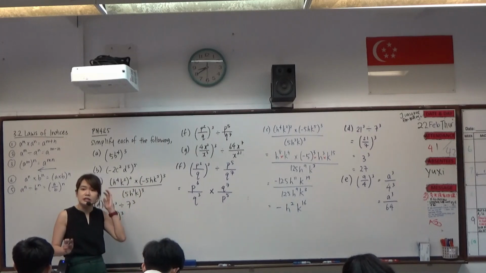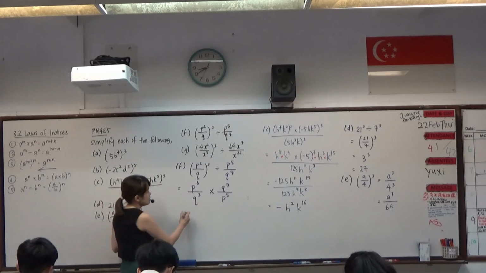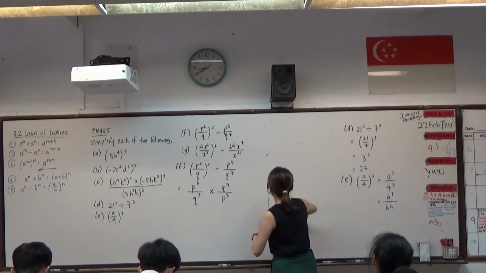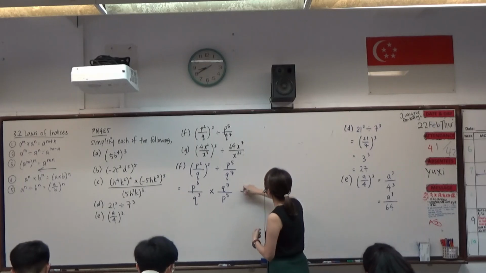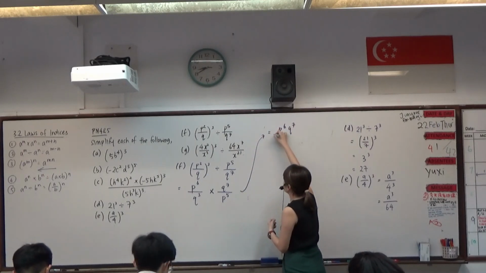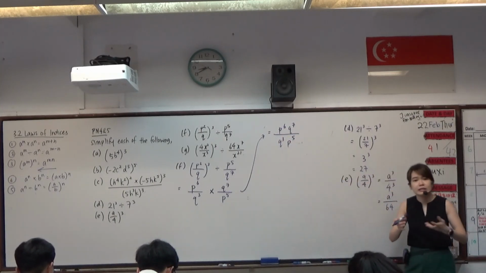We don't need to change the denominator to be the same. It's not necessary at all. So you could actually write it in this manner first before thinking about cancellation. You may want to write it this way.